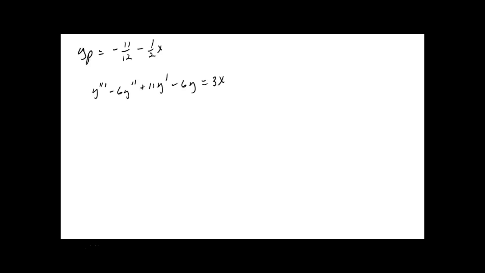Example 9. This is the one we used for example 9, and example 9 was a homogeneous case, differential equation, third order. We know what the solutions are. We did that just a little bit earlier. What we have to do is find that particular solution because this is the non-homogeneous case.